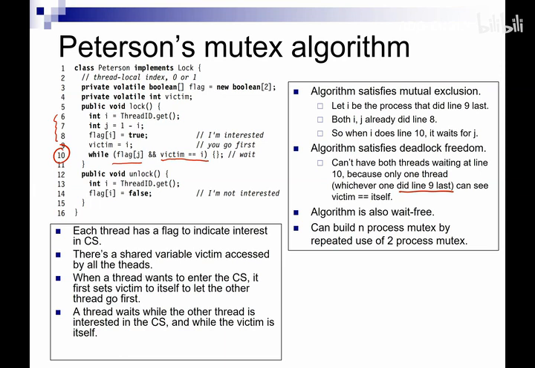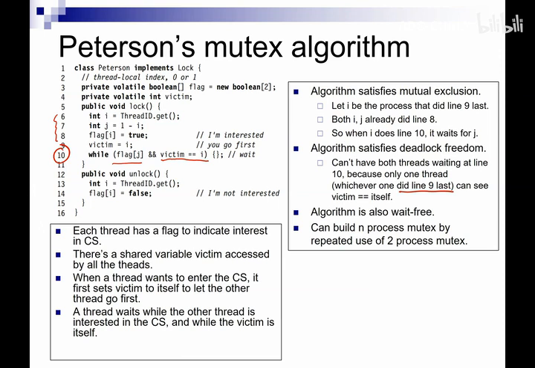The other guy who did line 9 first might see the other guy's flag up, but victim will not equal himself, because he did line 9 first, and then the other guy did line 9, so the other guy switched victim to himself. So that's why this algorithm is deadlock free, and it is also wait free actually.